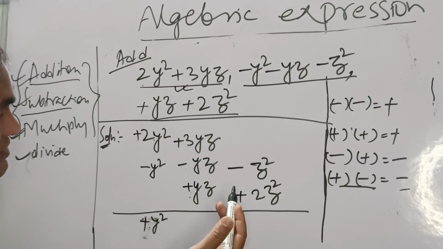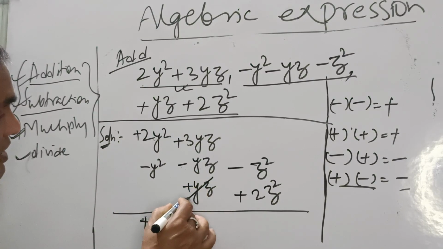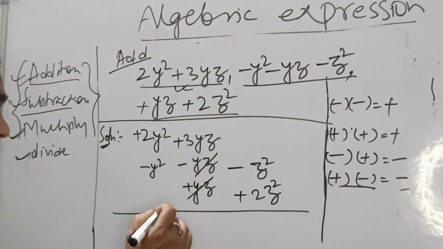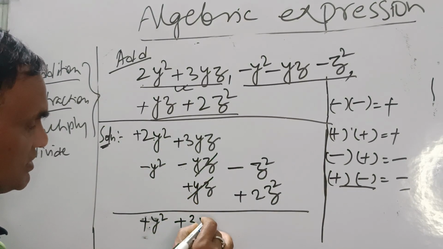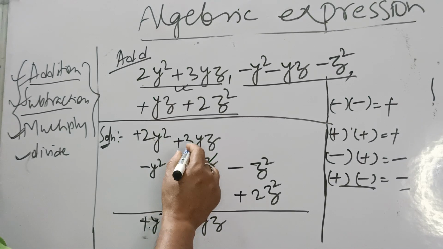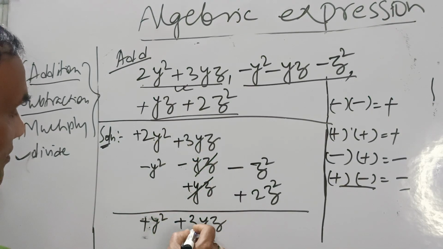It is 0, cancel. We don't write anything in algebra, so it is cancelled. Now what is left? Plus 3yz. So we'll write plus 3yz, because nothing is below this 3yz.